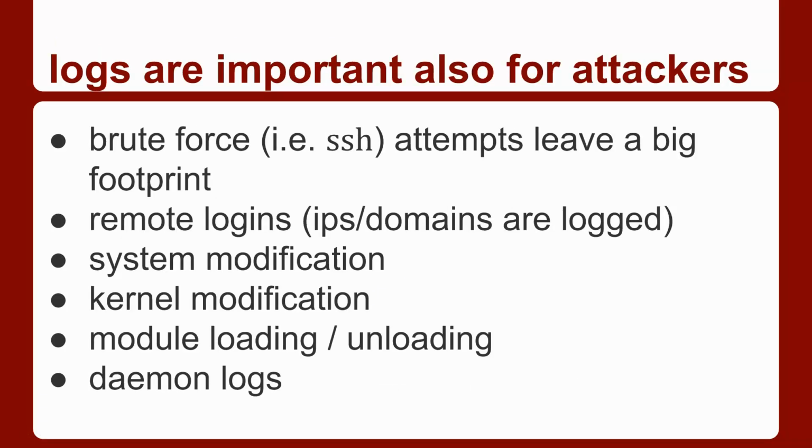Things that attackers do, like brute forcing over SSH, leave a very large footprint in the logs. You'll see a failed attempt logged message for each attempt that the attacker makes. For each successful login, you'll see the IP and the domain that the person connected from to your system.